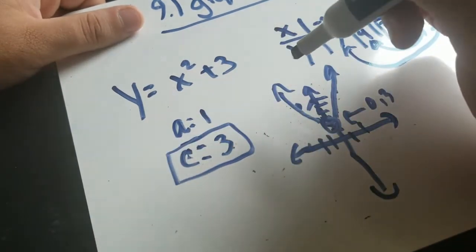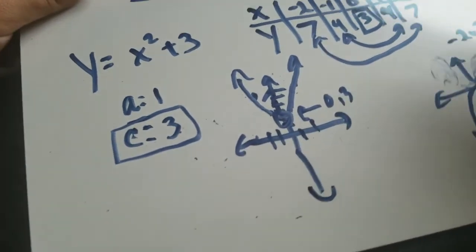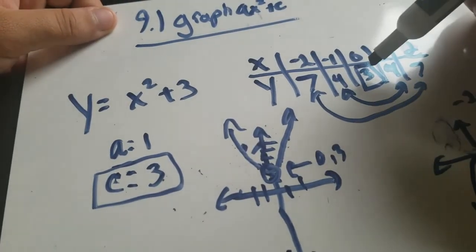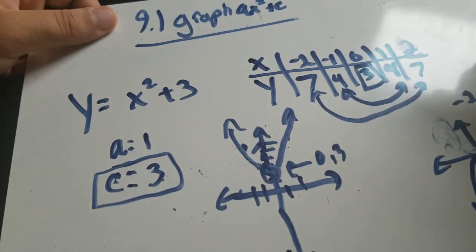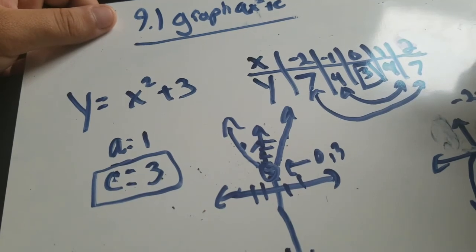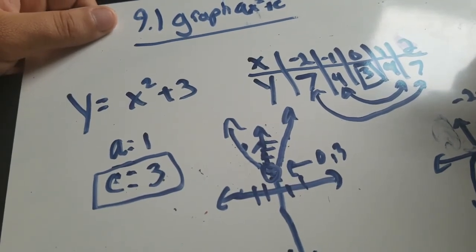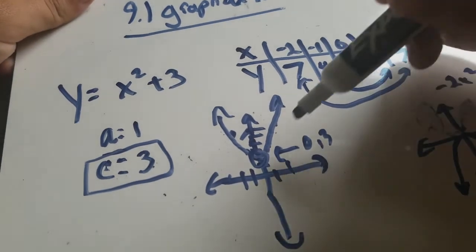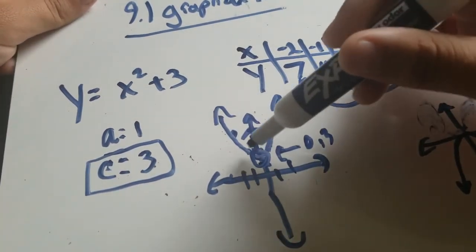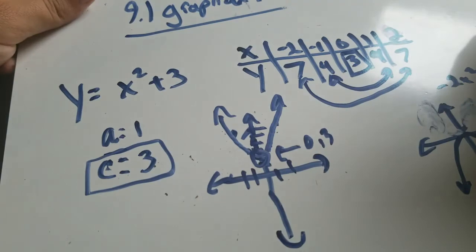C changes the y value of our vertex. And I also want to state that it's also the y-intercept. It's where it hits the y-axis.